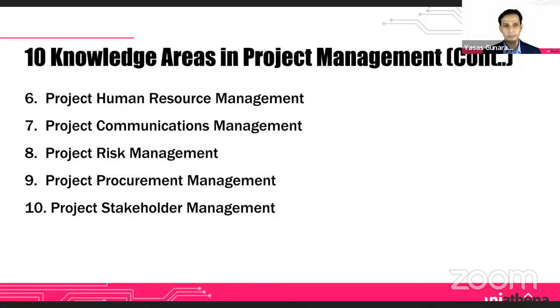So you need to manage project risks well before, during, and towards the completion of the project. So this is the area I'm not going to talk about today, but again, an important thing.